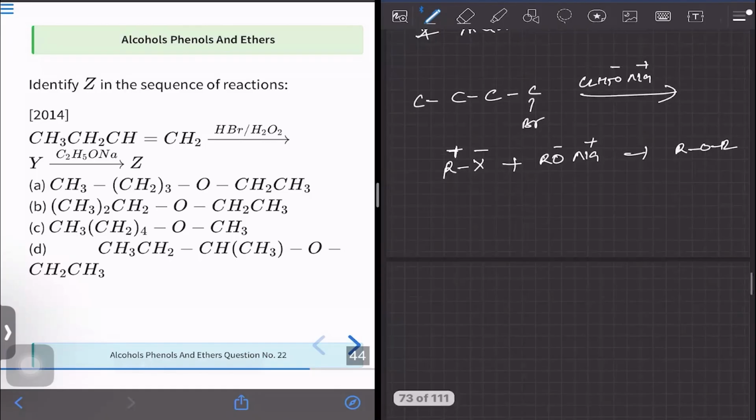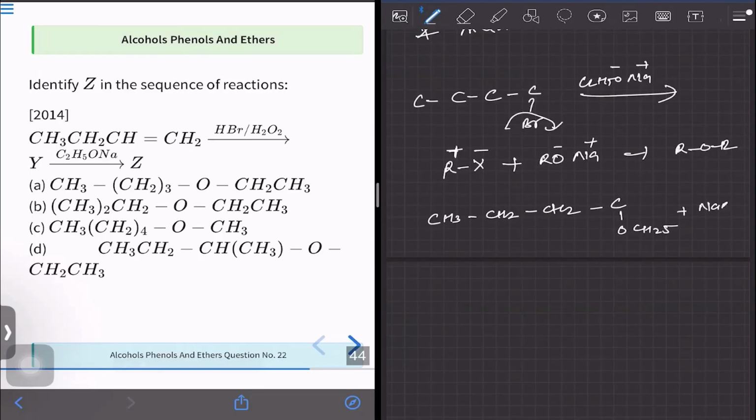It replaces bromine and C2H5O comes here. So it will be CH3CH2CH2CH2OC2H5 plus sodium bromide. Whenever a primary halide reacts with RONa, it produces ether. This is the Williamson ether synthesis method.